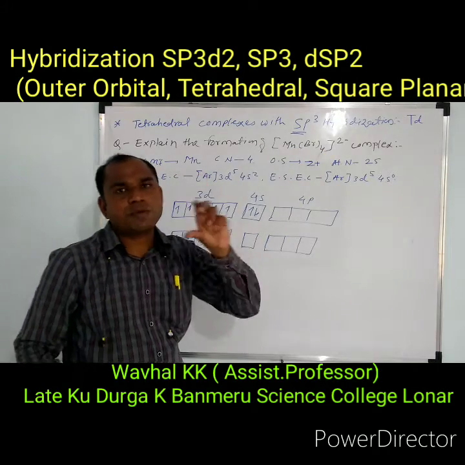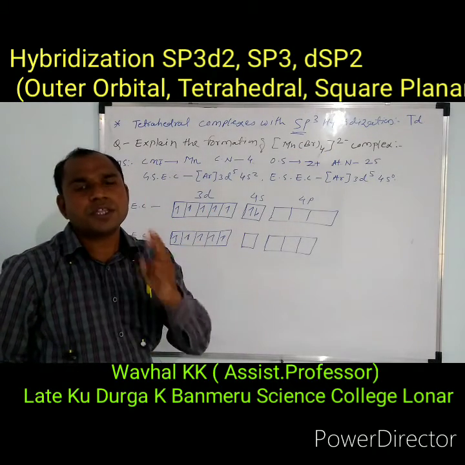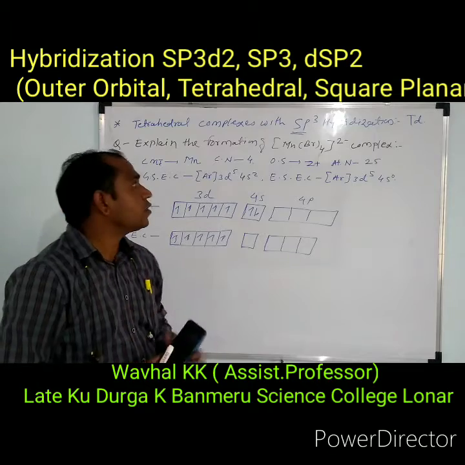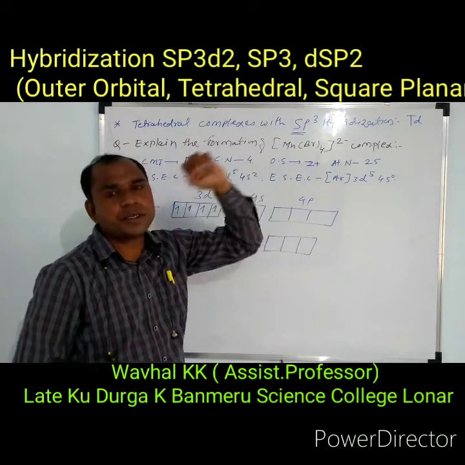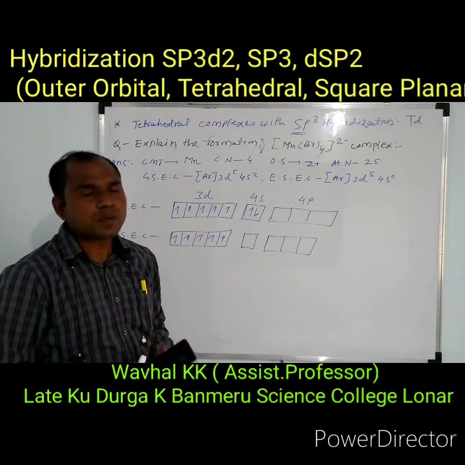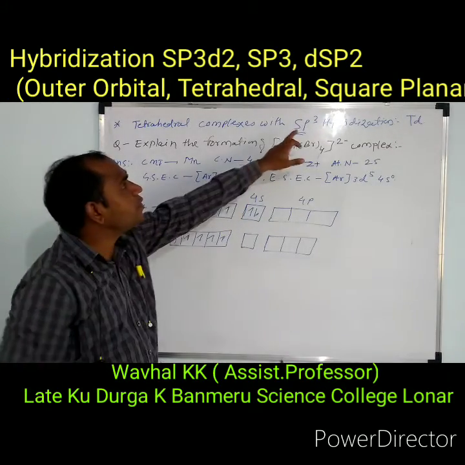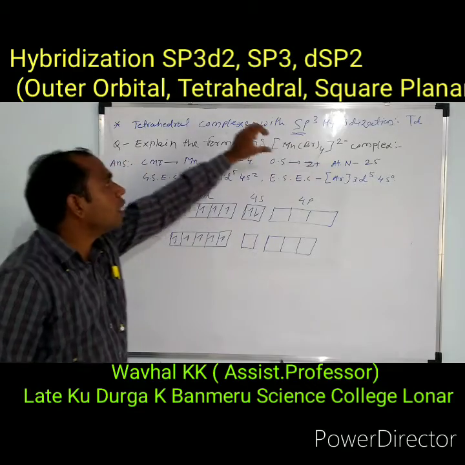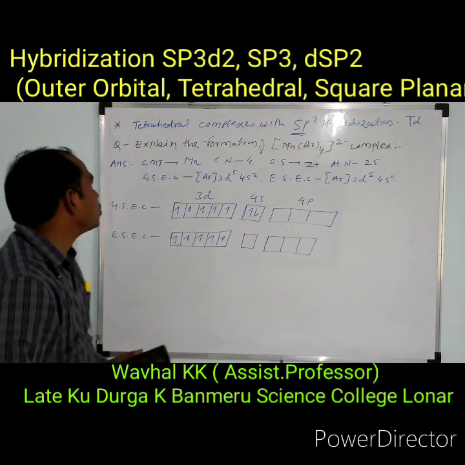If the coordination number is 4, then there are 2 possibilities of hybridization. The first is sp3 hybridization, and the second possibility is dsp2 hybridization. So this is the example of sp3 hybridization. See here how to write the answer to this question.